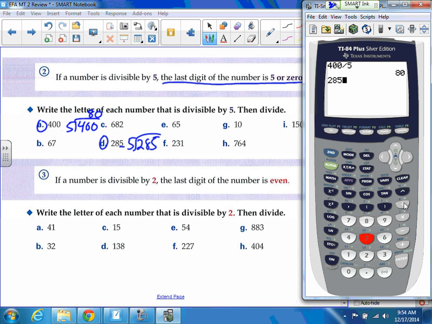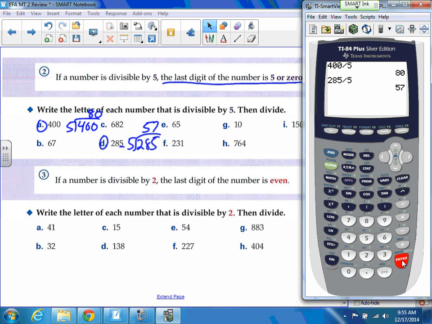I go to my calculator and check this one out, and I get 57. So my answer for D is 57. All right, go ahead and do the rest of these for divisible by 5. I will tell you that there are 3 more of them that are divisible by 5. So go ahead, pause the video, and complete this section of the review for Part 4.